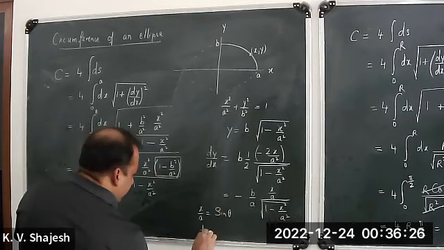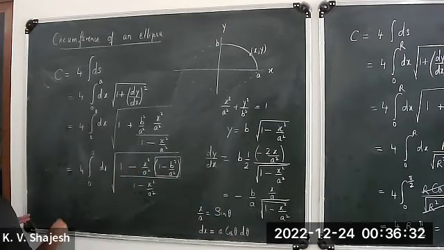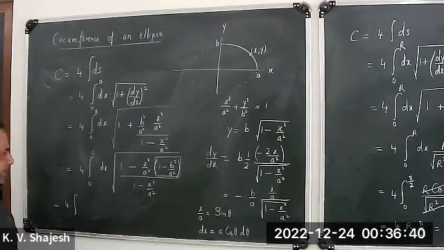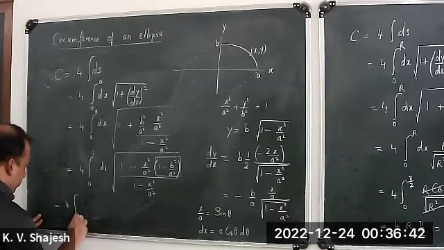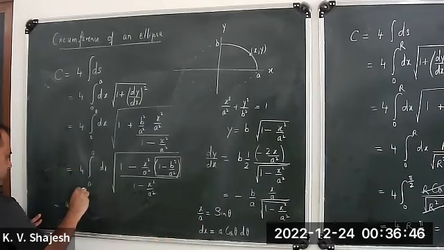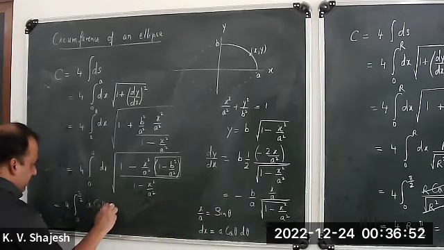So that dx is equal to a cosine theta d theta, and this becomes then 4 times the integral, when x is equal to 0, theta has to be equal to 0. When x is equal to a, theta has to be equal to pi by 2. dx is a cosine theta d theta.